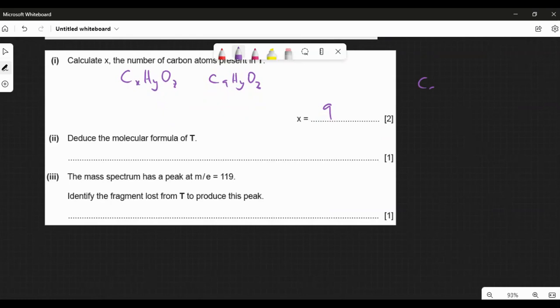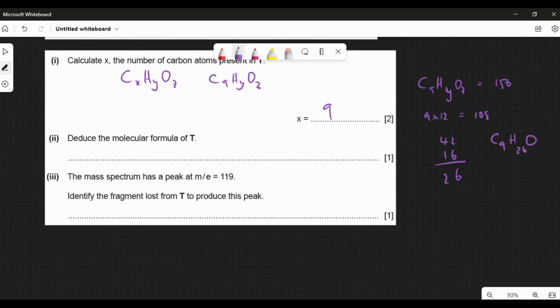So C9HyOz has a mass of 150. 9 carbons have a mass of 108, so we have 42 to figure out. At the moment it's C9HO. Let me put 1 oxygen in. That's 26 hydrogens.